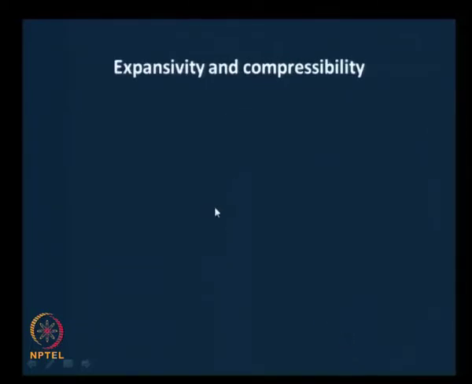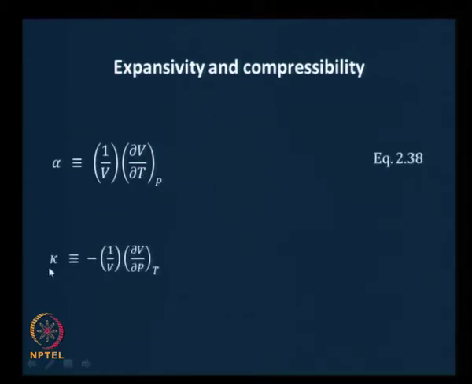Similarly, you could also have expansivity and compressibility as useful thermodynamic variables. Expansivity alpha is defined as 1/V (dV/dT) at constant P, and isothermal compressibility, as it is called because T is constant here, is defined as minus 1/V (dV/dP), how the volume changes with pressure at constant temperature, that is kappa.